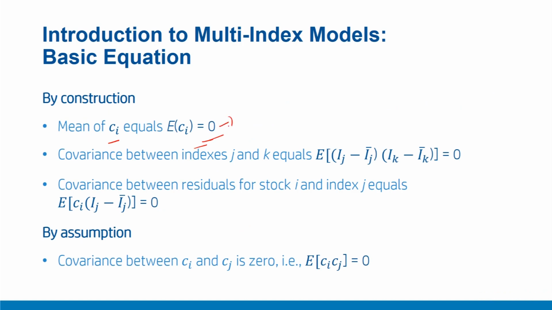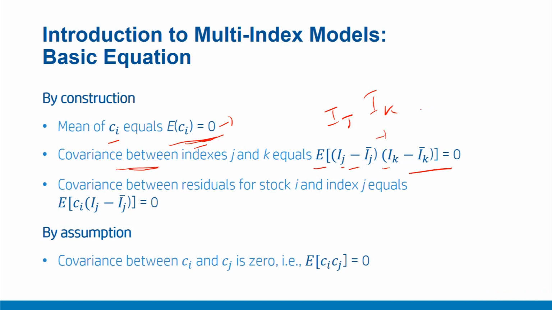A regression model, to a good extent in fact, ensures that this property is held. We also assume that, by construction, the covariance between indices Ij and Ik is 0, which is the expectation of (Ij minus Ij bar) into (Ik minus Ik bar).